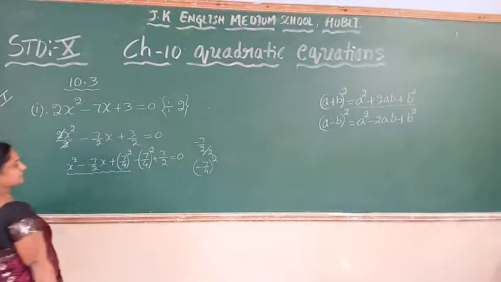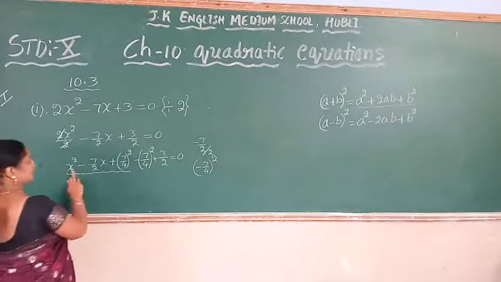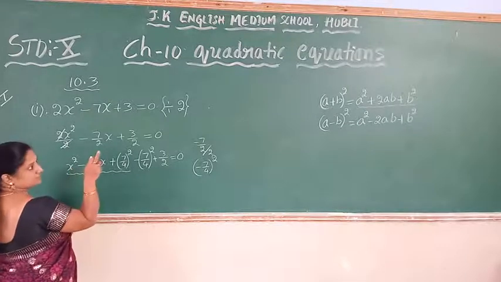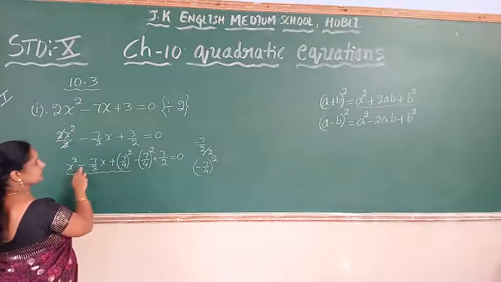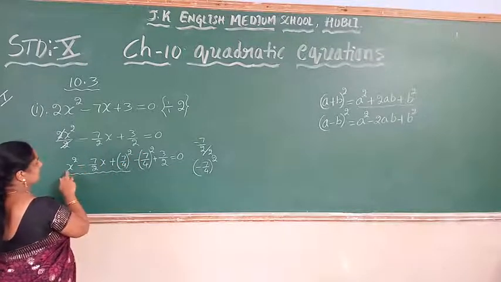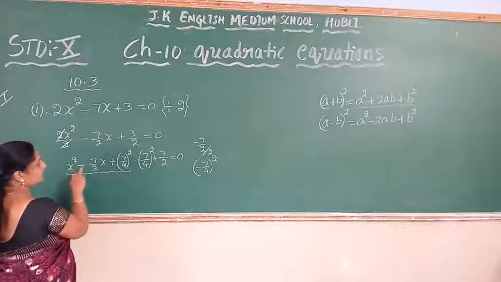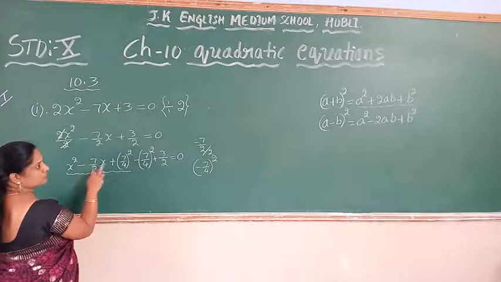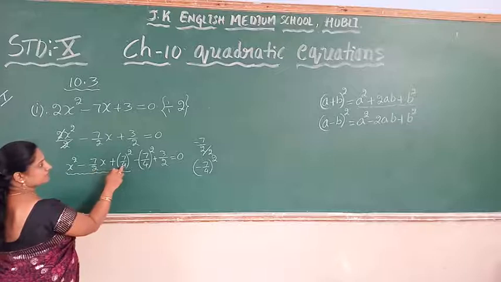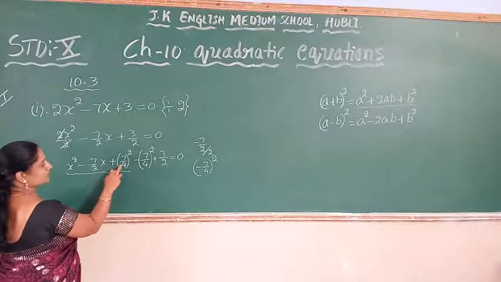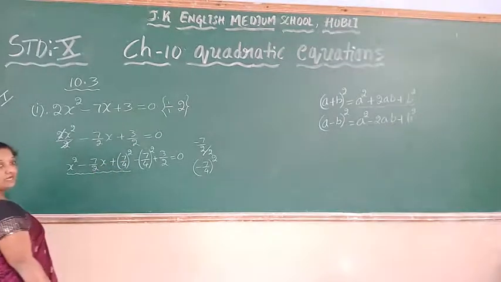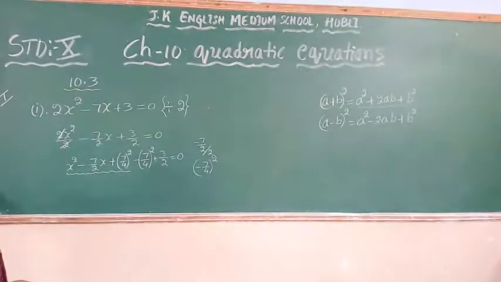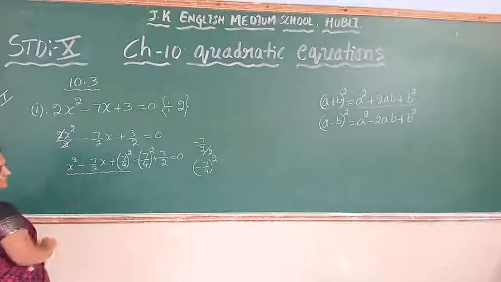If you do it this way, it will convert into the form of the second identity, because the minus sign is there: x square is a square, minus 7 by 2 x is 2ab, and this is b square, the b value 7 by 4, children. Automatically it will convert into the RHS form of the second identity.